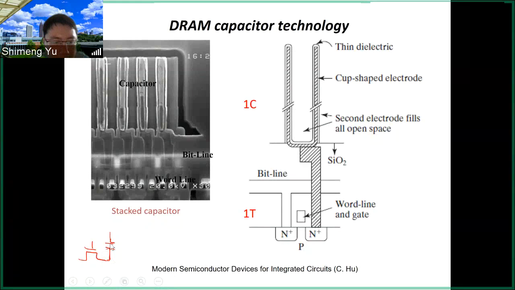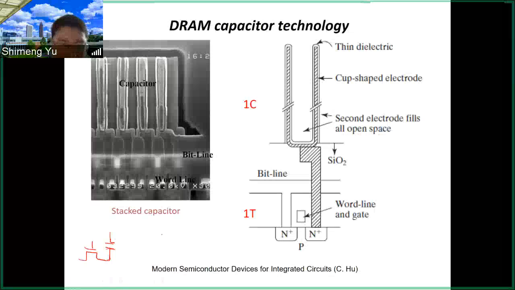So here the trick is on this capacitor. You first should fabricate the transistor into the silicon. So that's why you have the transistor like this. It's an NMOS transistor, we also show here, right? So you have the transistor, it's 1T.